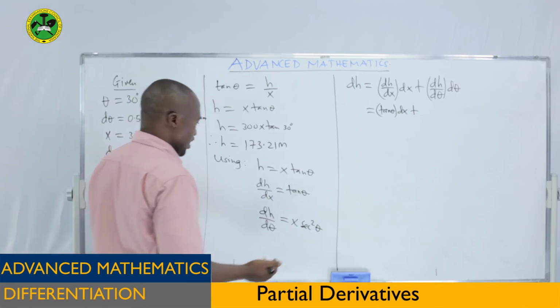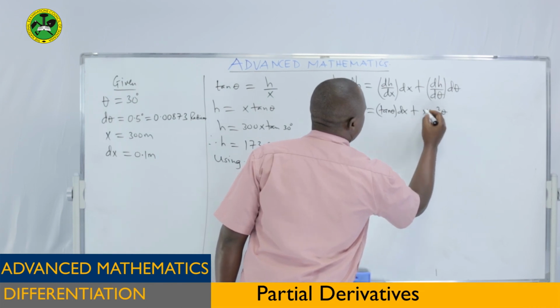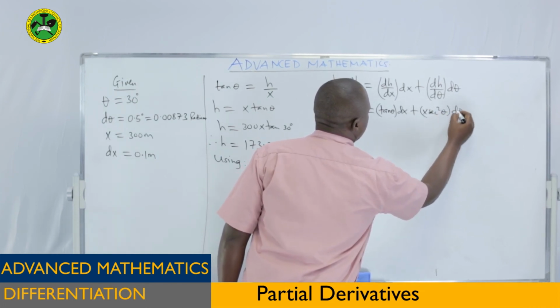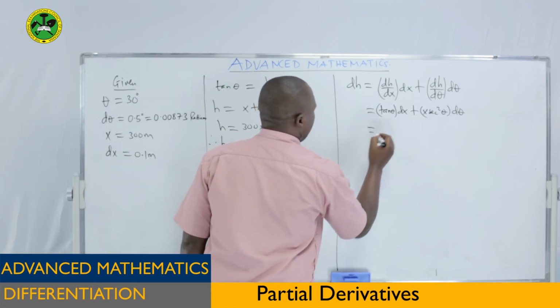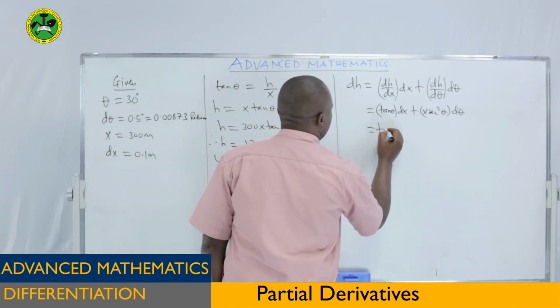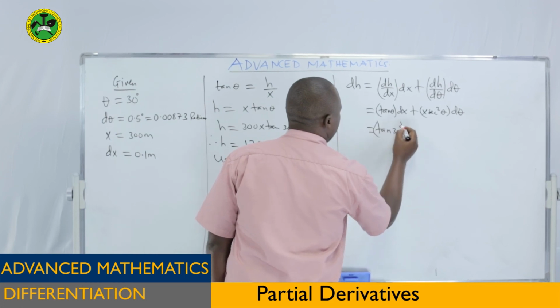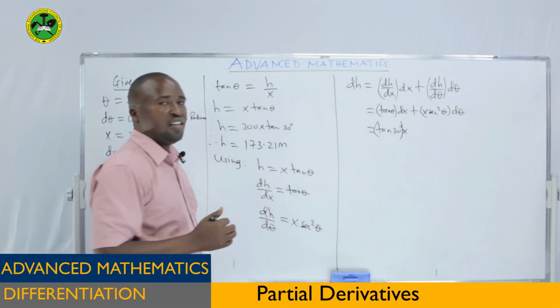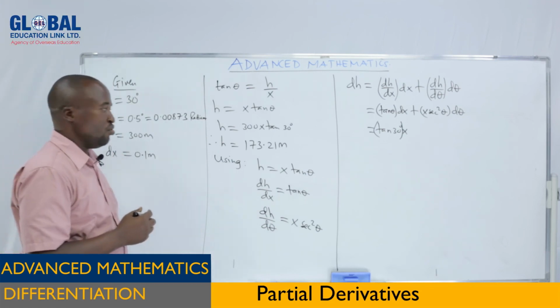Now dh d theta is x sec squared theta, then d theta. Remember theta is equal to 30 degrees. So we have tan of 30 degrees times dx, and in this case dx is equal to 0.1.